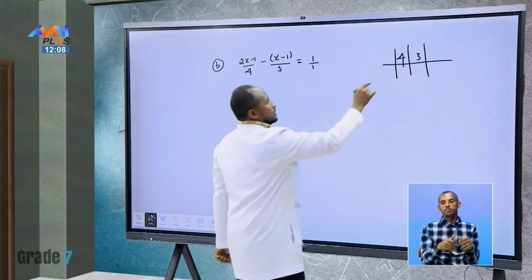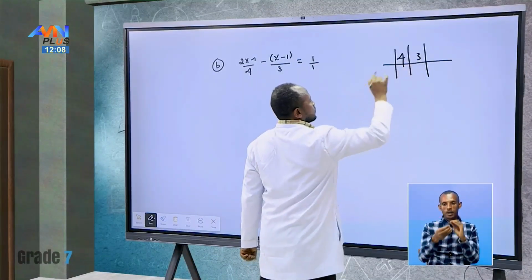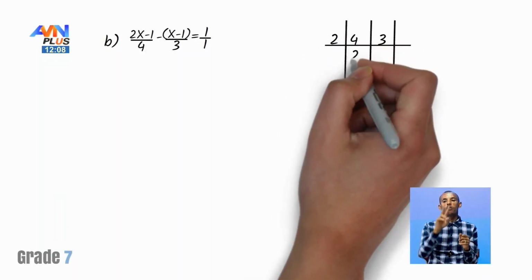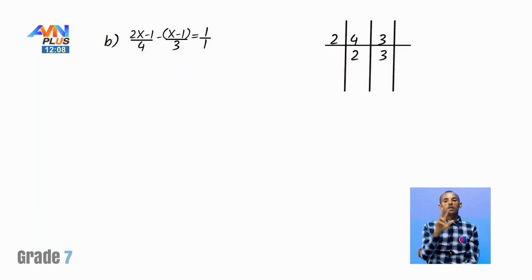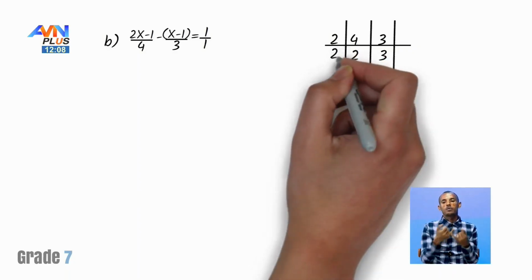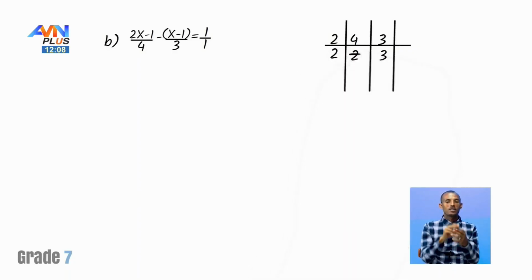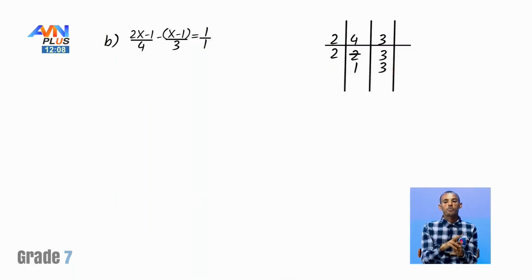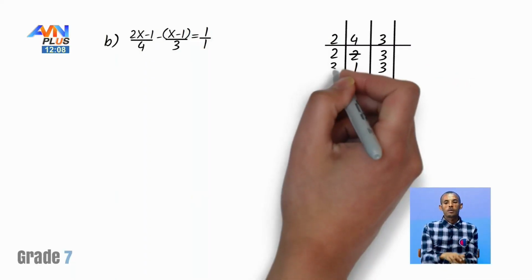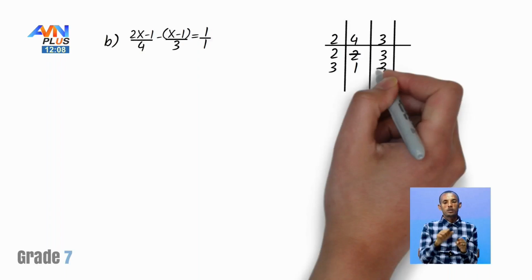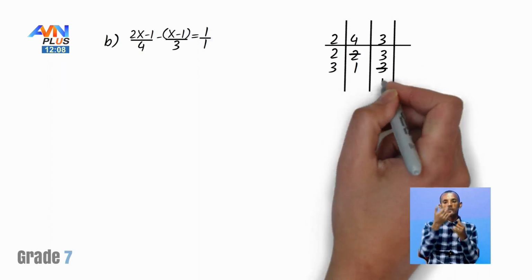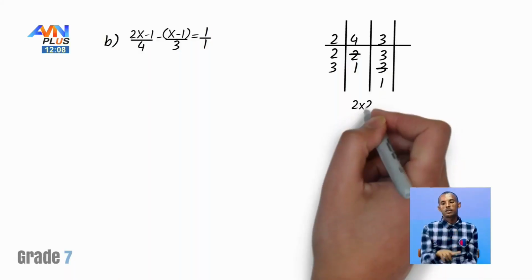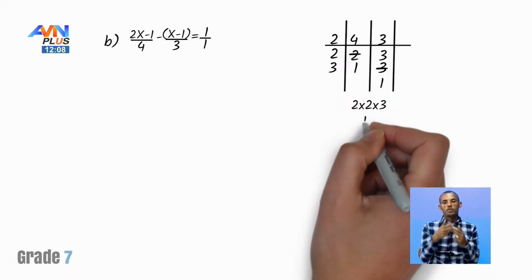The smallest number that divides either of the two is 2. 4 divided by 2, you have 2. 3 cannot be divided by 2, just put it down. Again, the smallest number that divides either of the two is 2. This becomes 1, just put 3 down. Next, 3 is divisible by 3, and it becomes 1. The LCM will be the product of 2 times 2 times 3, which is 12.